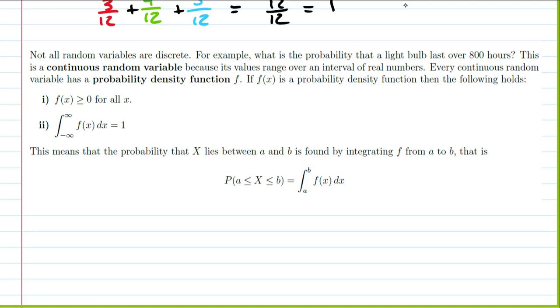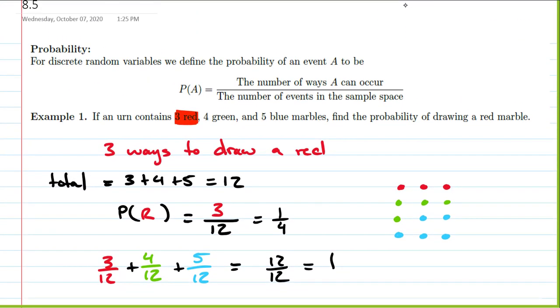So this means that the probability that x lies between a and b can be found by integrating between a and b. So the probability that the random variable x is between a and b is the integral from a to b of f of x. So let's come back up here.